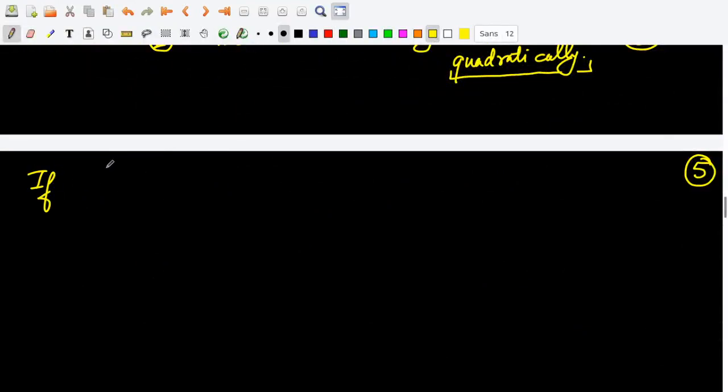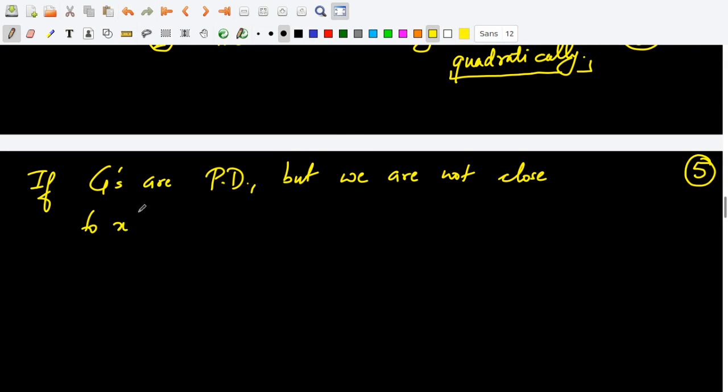If g's are positive definite, but we are not close enough to x star, then we may not actually converge.